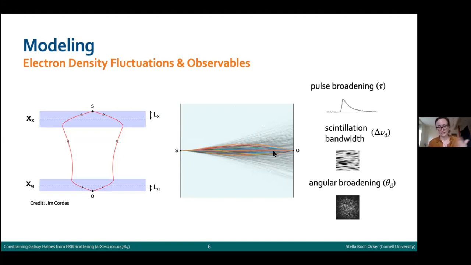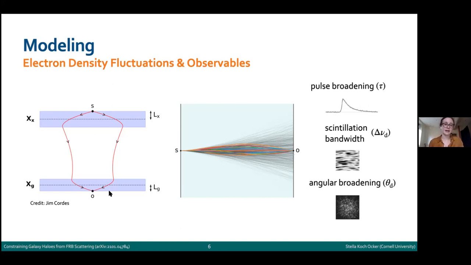And so you can see straight away that the longest path length rays correspond to the widest angles of arrival, right? And so you end up seeing temporal broadening from these longer ray paths arriving at later times. You see scintillation arising from the interference between the different rays converging at the observer, and you see angular broadening.